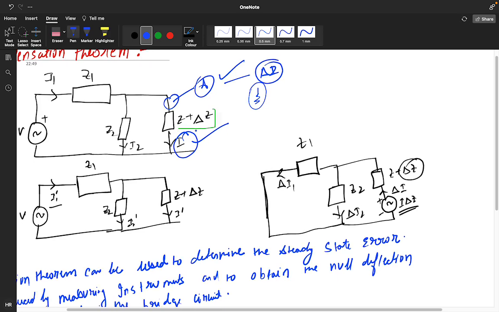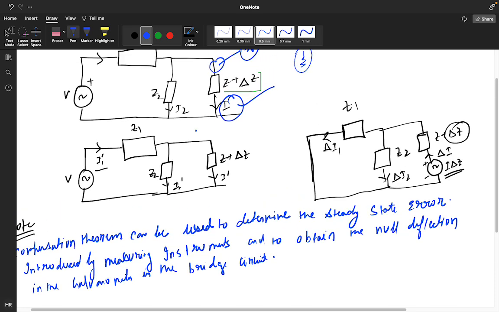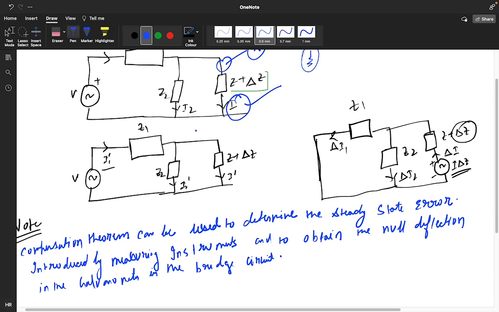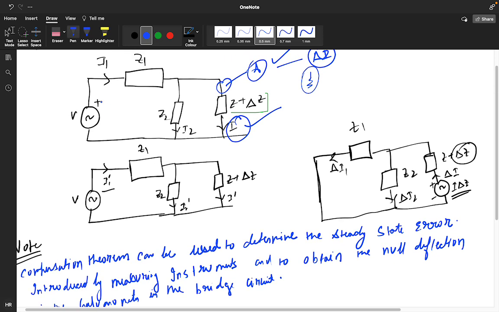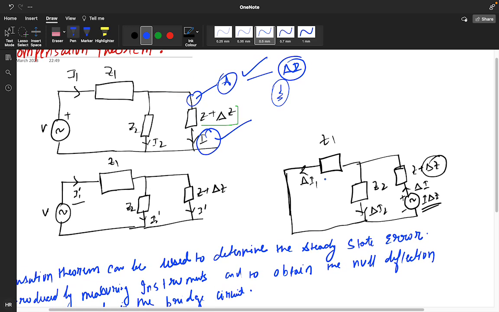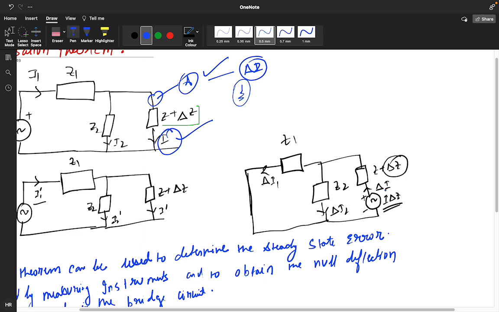Okay, it's very simple. For getting the exact result, we just short circuit this path, and we introduce the same amount of voltage as the error that was coming because of the instrument.